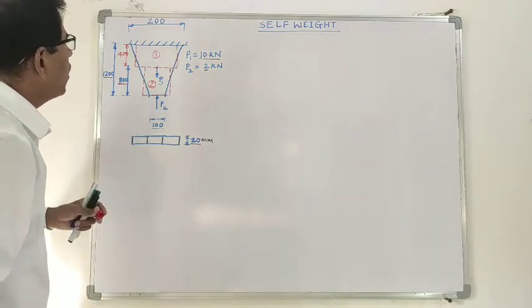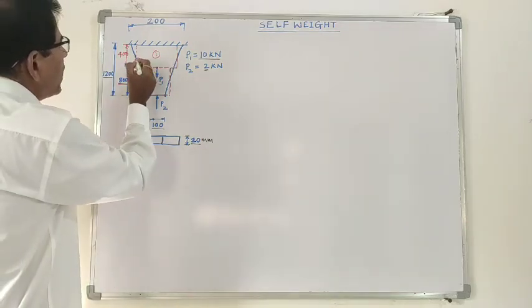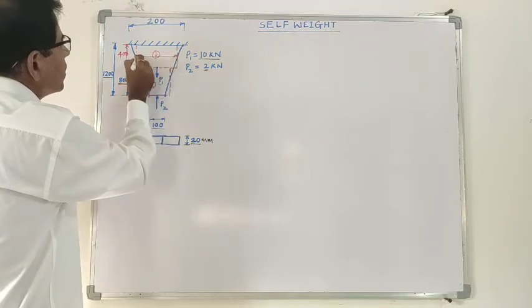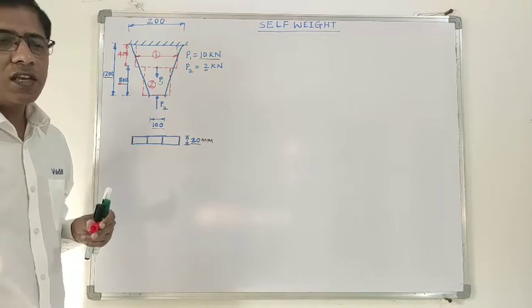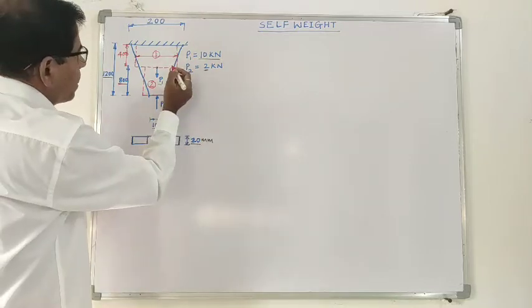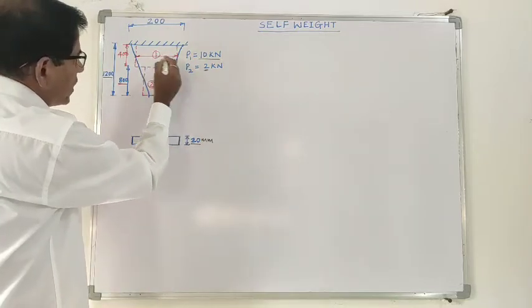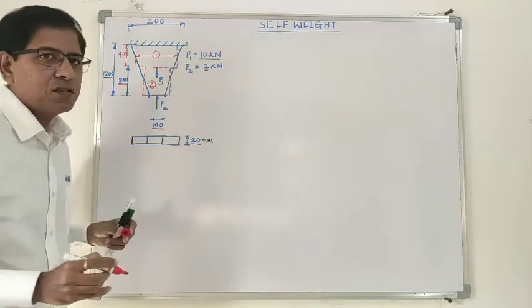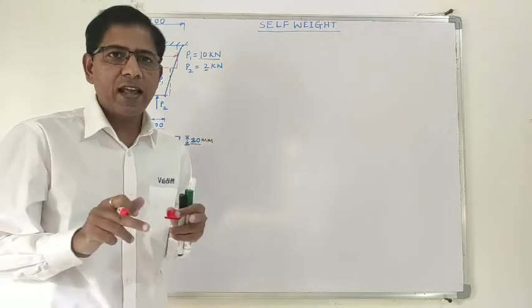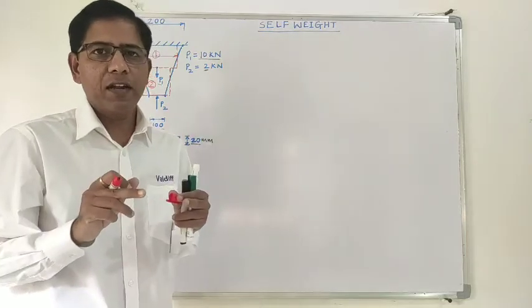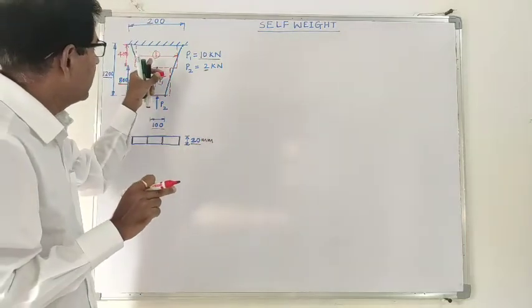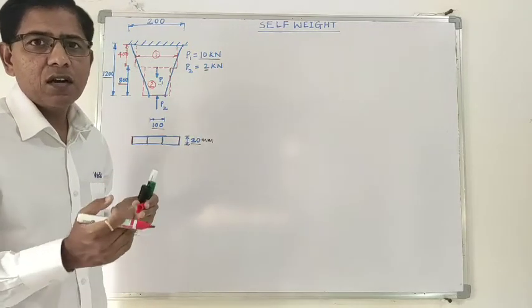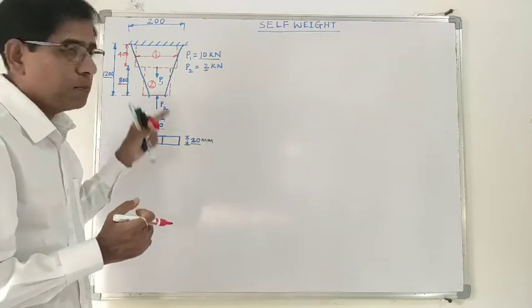Now we need to find out what this side is. The cross-sectional area would be a rectangle. The cross-sectional area of this step shaft would be a rectangle. This is a rectangular plate, which means this wedge-shaped plate is converted into a rectangular step shaft.